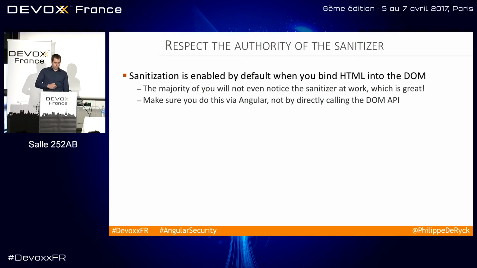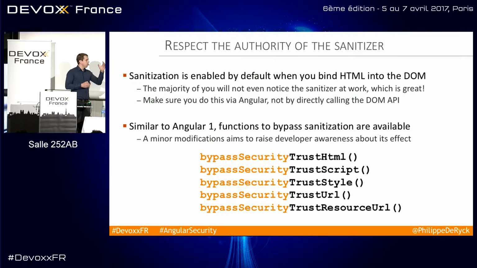One of the important lessons here is you need to respect the authority of the sanitizer. Essentially, the sanitizer knows what it's doing, so when it sanitizes things, accept it: you're probably doing something insecure and it's protecting you out of the box. There are a few cases where you actually want to put some HTML in there without the sanitizer kicking in, and you can use the bypassSecurityTrustHtml functions there.